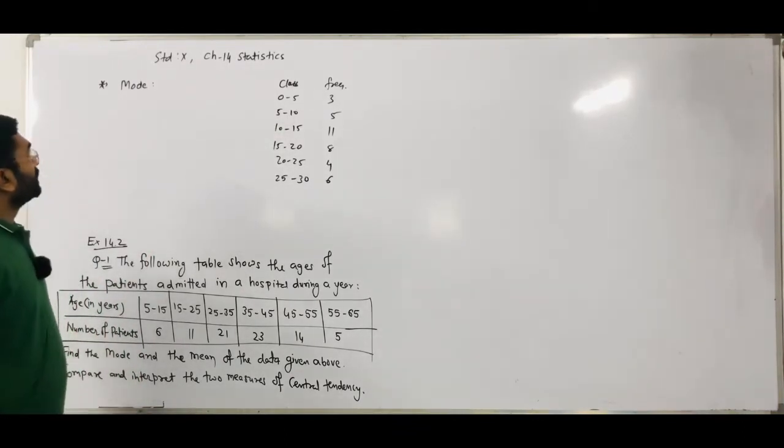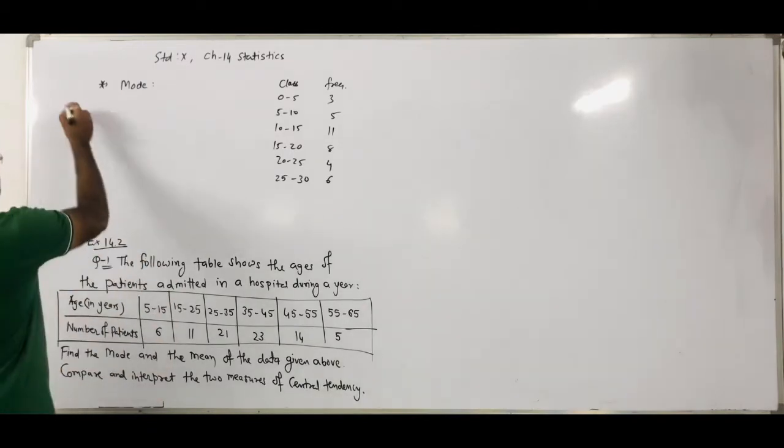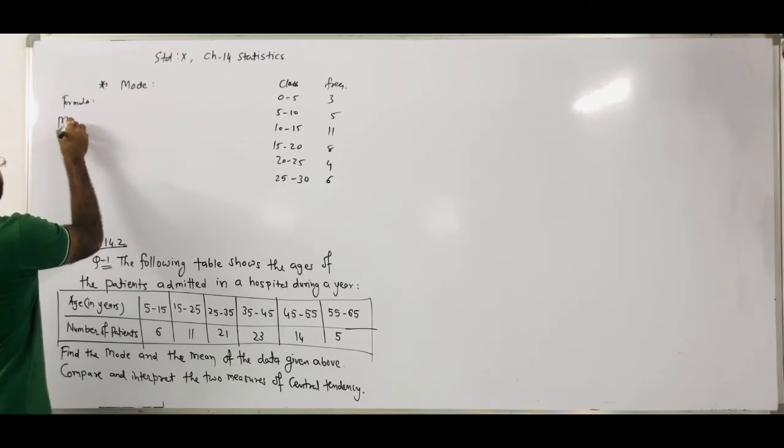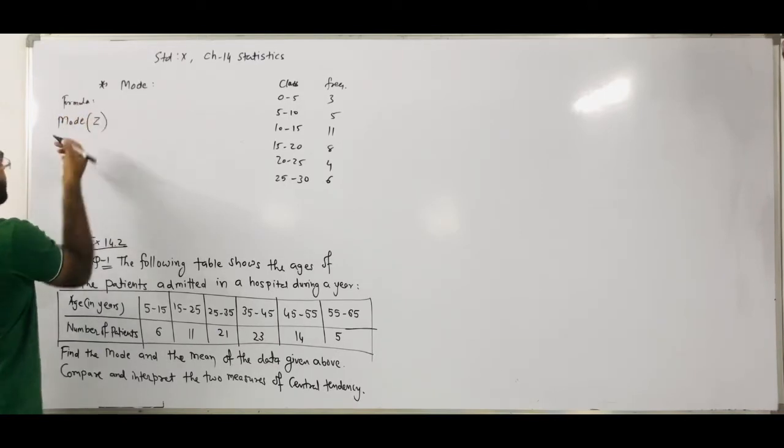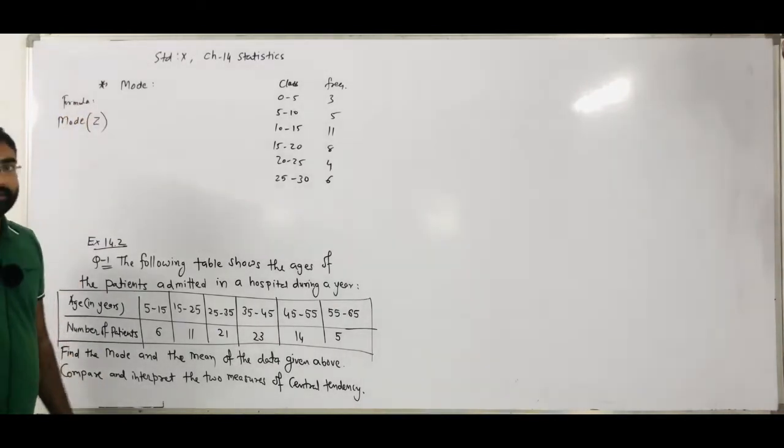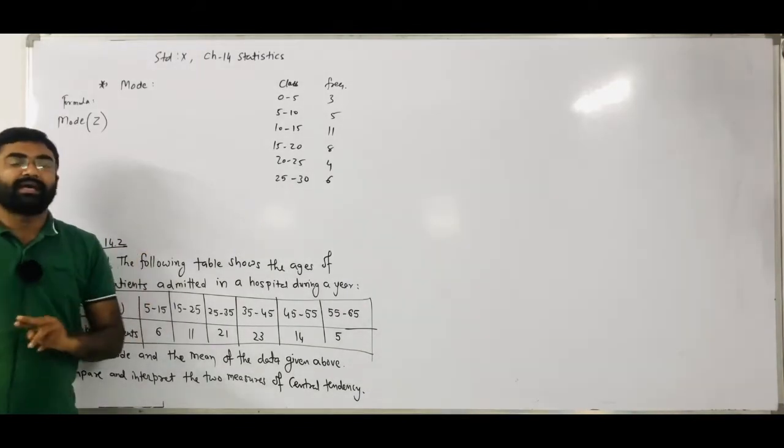So how can we find the mode of grouped data? Its formula is: mode is represented by capital Z, just as the mean is represented by X bar.